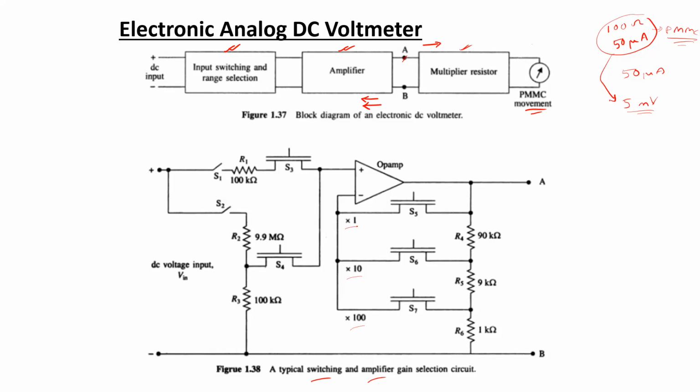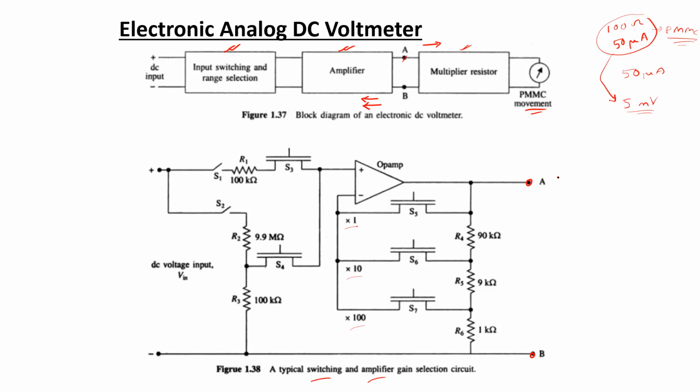Now, to further proceed with the discussion on how this input switching and amplifier gain selection circuit works, we are going to consider some constraints along these two terminals A and B, because the portion on the right hand side of these terminals, the multiplier resistor and the PMMC meter, we are considering to be fixed. So we have to supply a fixed amount of voltage or current across that portion of the voltmeter circuit.